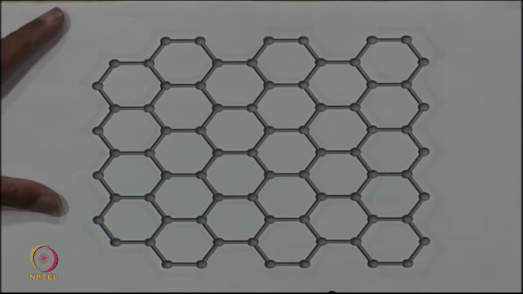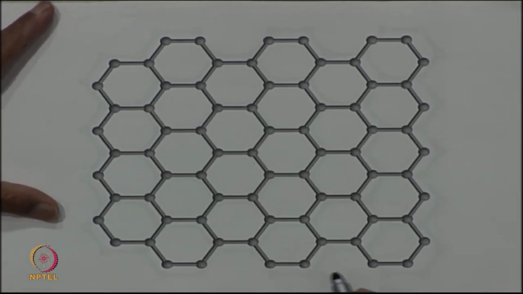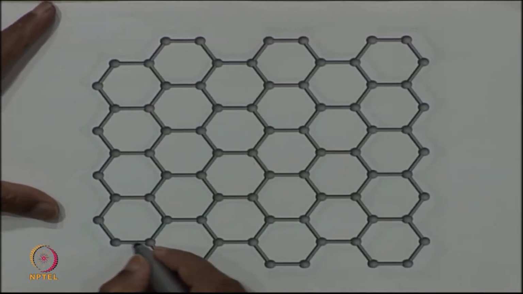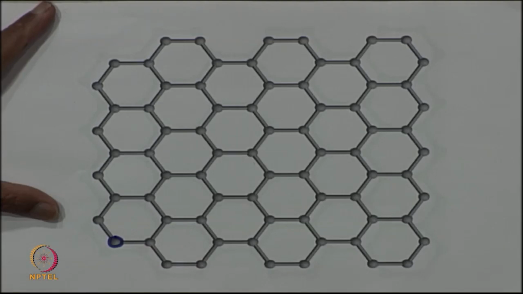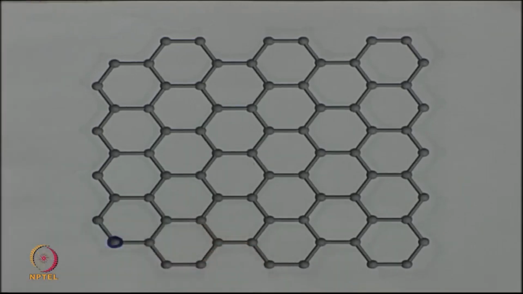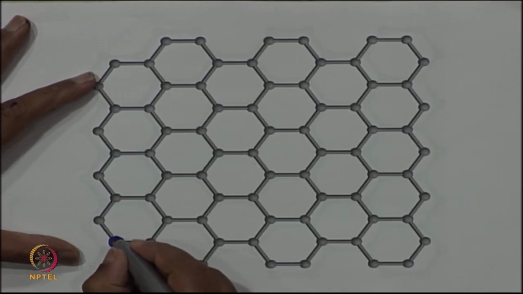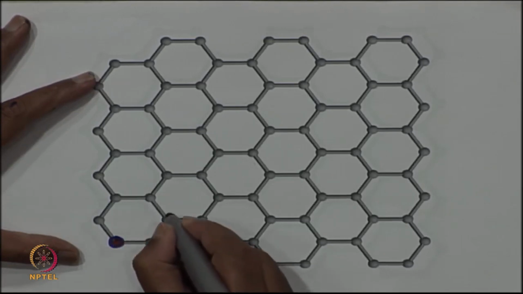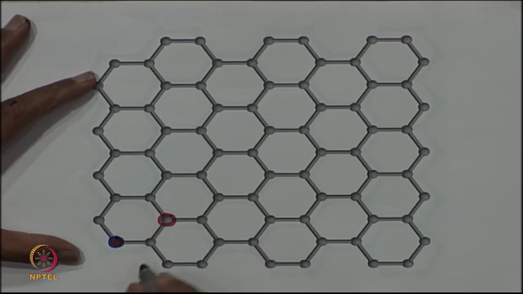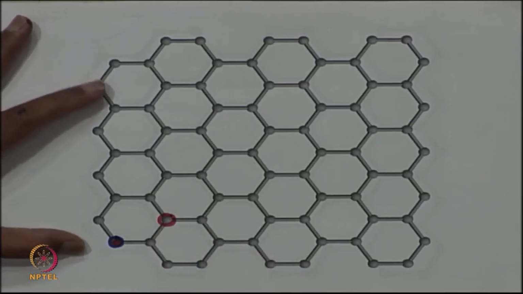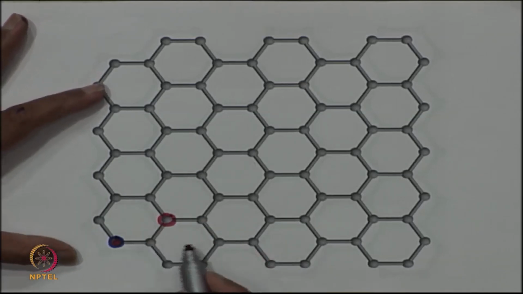When discussing the graphene structure, we have already talked about that in the graphene structure, it is the alternate atoms. So, if I take this atom as my origin, then the near neighbor is not lattice equivalent, because it has a different kind of neighborhood.